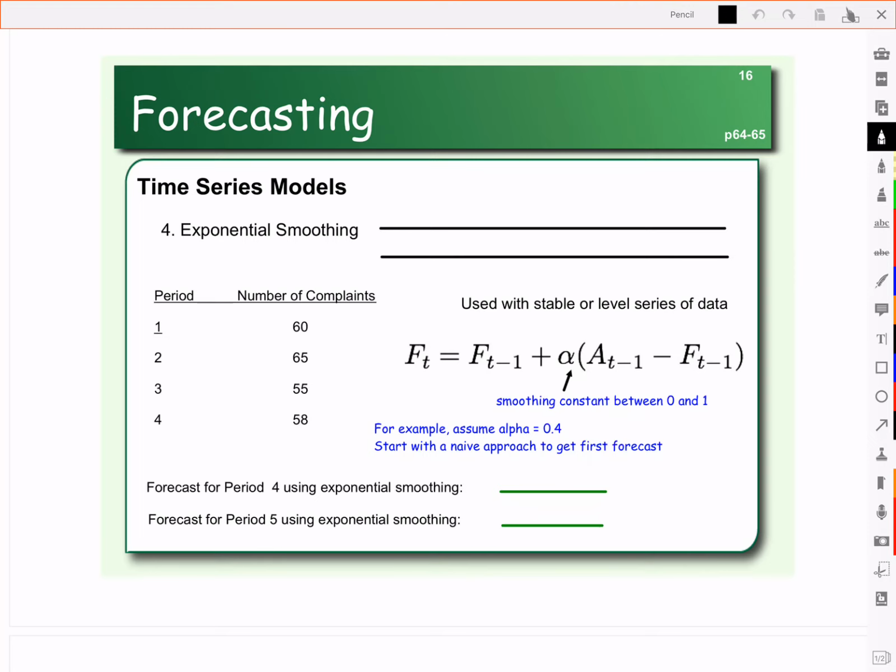With exponential smoothing, it's going to be a weighted average based on the previous forecast.